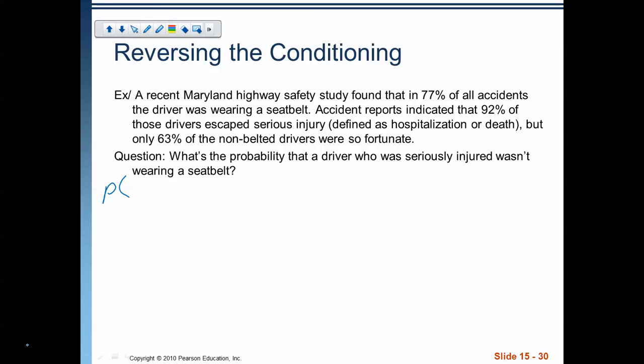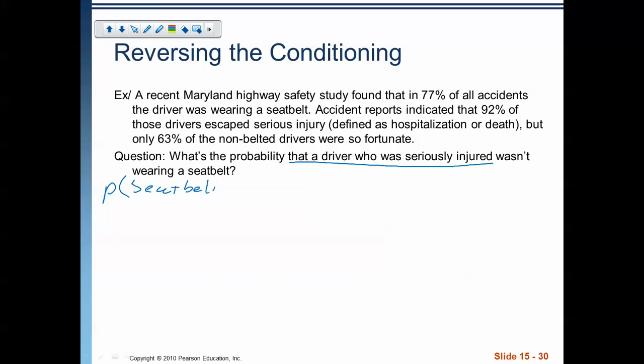Notice the way this is written. What's the probability that a driver who was seriously injured? This little bit right here is giving us a condition. We know that a driver was seriously injured. So that's our given condition. We're trying to find the probability that they did not wear a seatbelt.